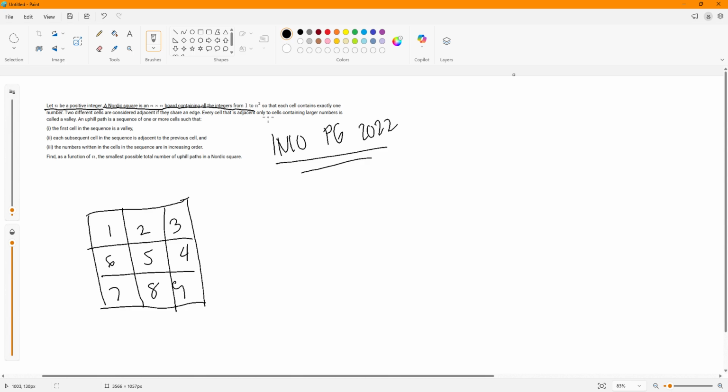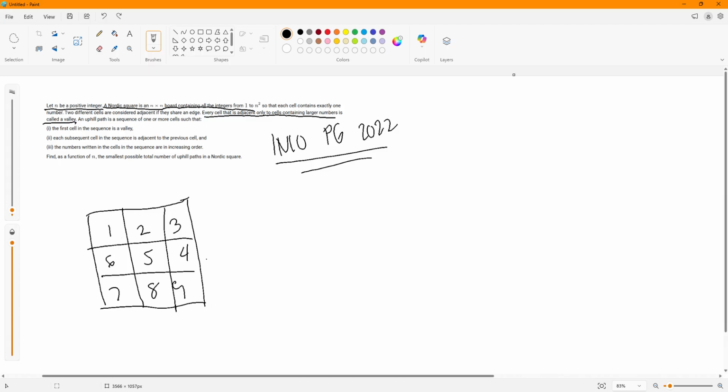Every cell that is adjacent only to cells containing larger numbers is called a valley. This means that a cell containing a number is smaller than its adjacent ones, like this one, for example.